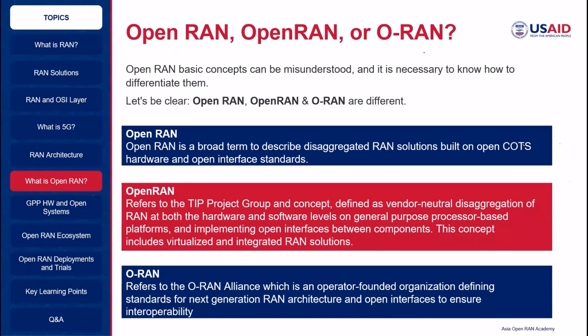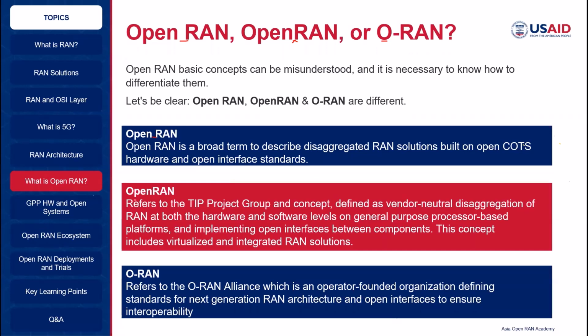What are the differences between these three? Let's make it clear. Open RAN with a space is a broad term to describe disaggregated RAN solutions built on open COTS hardware and open interface standards. This is the movement that we are currently doing right now.